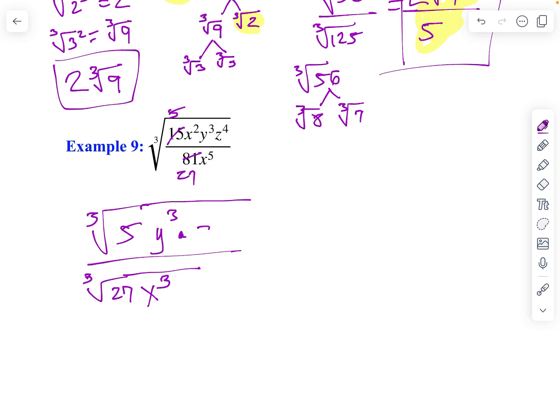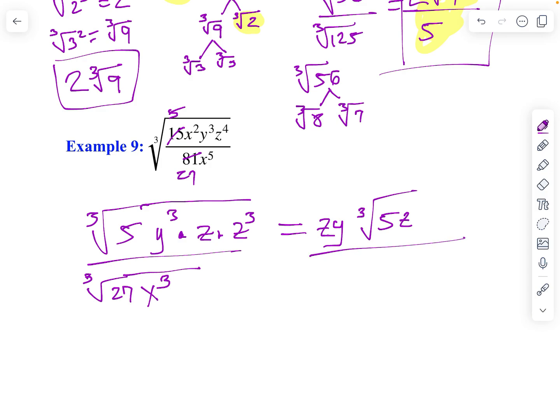So I'm going to say z times z cubed. Now I will simplify those. 5 does not simplify, does it? So I'm going to say the cube root of 5. And then the cube root of y cubed is y. That's going to go on the outside. The z, I can't take the cube root of. And z cubed, I'm going to put that on the outside.